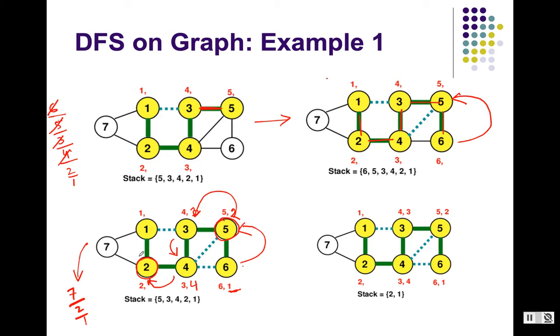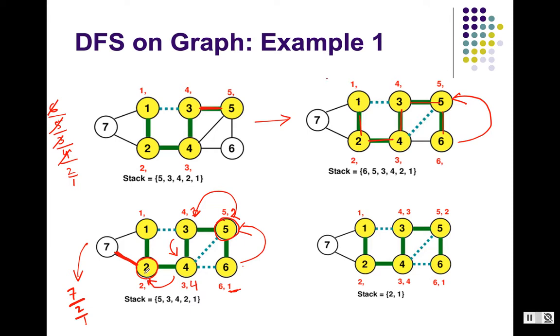We'll use 2 to 7 as our tree edge, and from 7 there is no other node. We cannot go any deeper from 7.